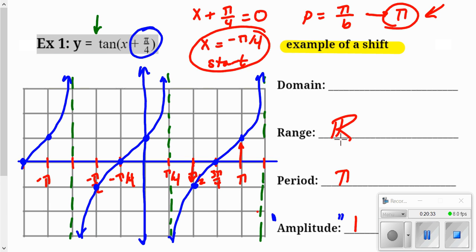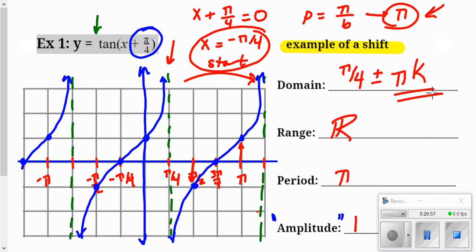My domain is going to be a little trickier. Okay, so I'm going to just name one of my asymptotes. And then my next asymptote is going to be the period length away. So I could add or subtract that period as many times as I want to. Okay, now this is a little bit weird to think about, right?